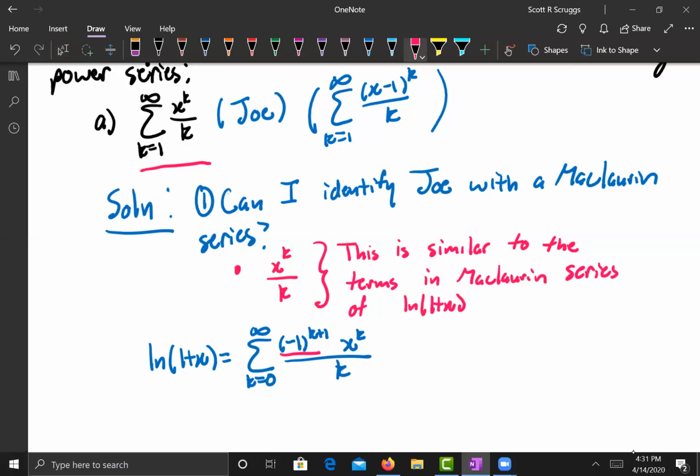And the way to force it to be positive 1 is I need to figure out a clever way to make that exponent always even. Because if that exponent is always even, well, negative 1 raised to an even exponent, the negative sign goes away, and I'll just always get 1. And so let's do that.